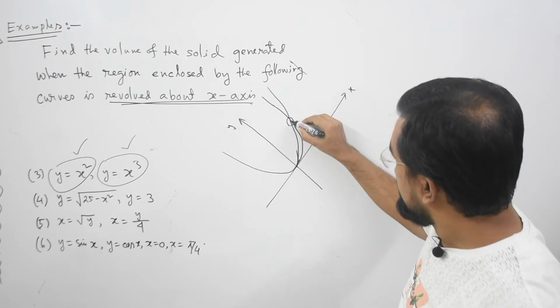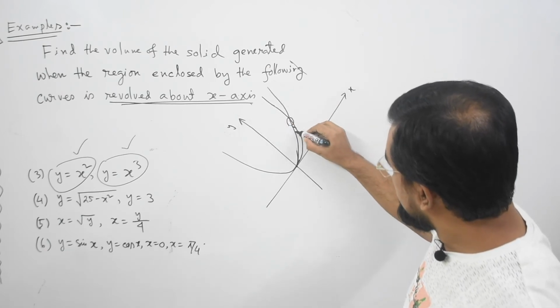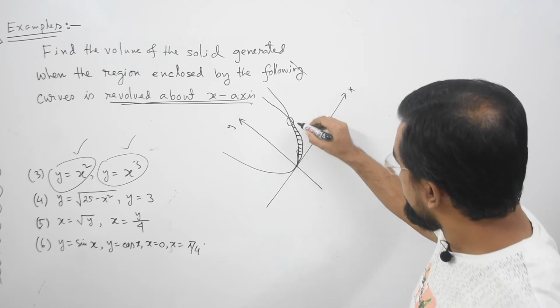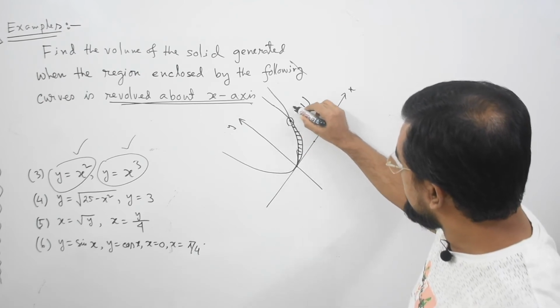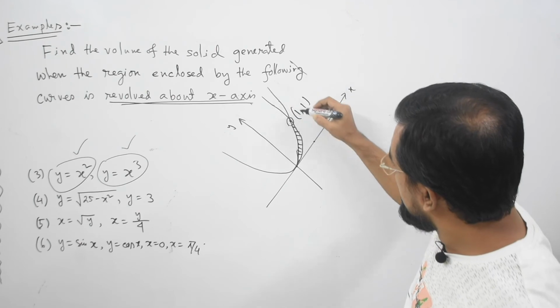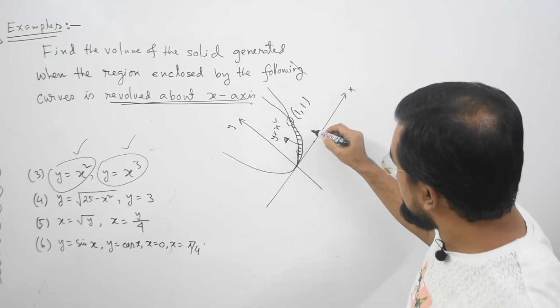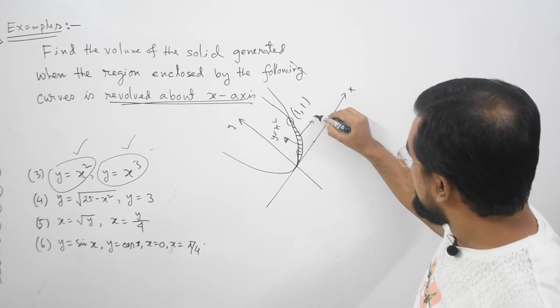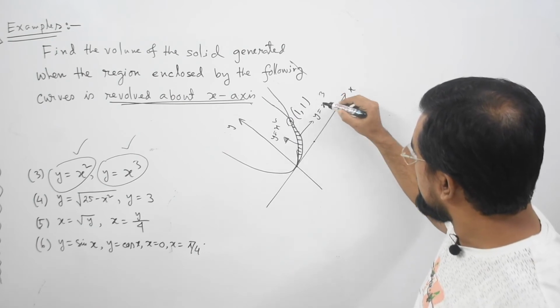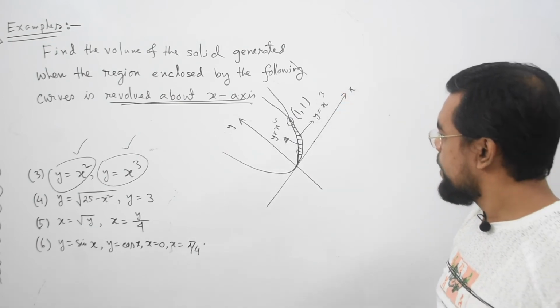So both of them, this is our region, intersect each other at (1, 1). The above one is y equal to x square and the below one is y equal to x cubed.